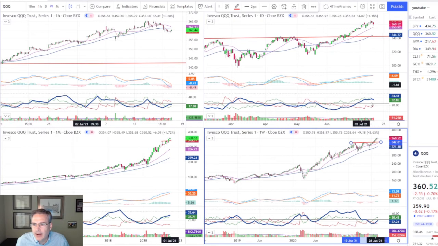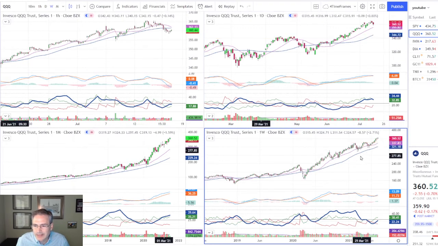If we come back down, that would be the area I'd be watching. Unless we get a really violent decline that has a lot of volume associated with it, that could end up putting a lot of pressure on that line and maybe break the 18-week. But I'm just not in that mode right now. I'd be thinking of looking for this to find support right around 343, 344, something like that.